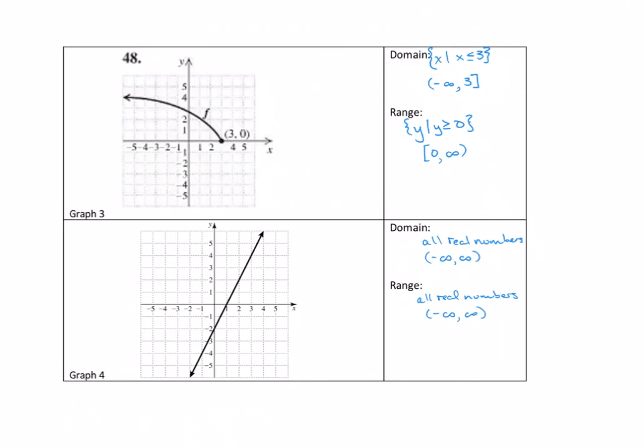All right, that takes care of domain and range. Please take your time on this homework. If you need other sources, I encourage you to read the textbook or look for functions online. And as always, I encourage you to contact me if you have any questions so that we can go ahead and address them.